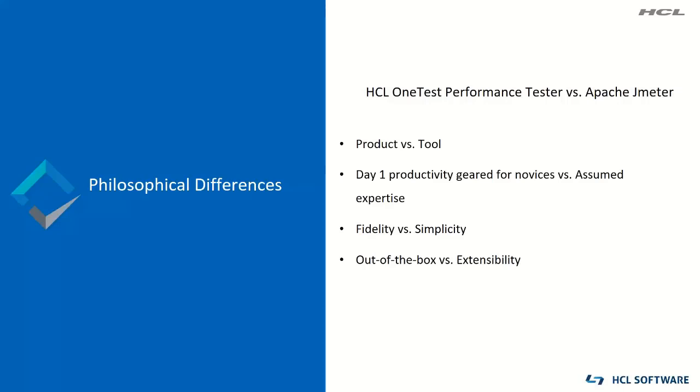Each of these philosophical differences between these tools is important to keep in mind. So I would invite you to have all your attention on this slide at this point, and let us briefly talk about what each of these differences is. First off, what is a philosophical difference between tools? What's the philosophy of a tool anyway?